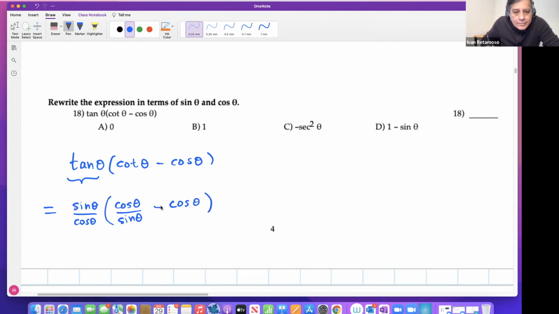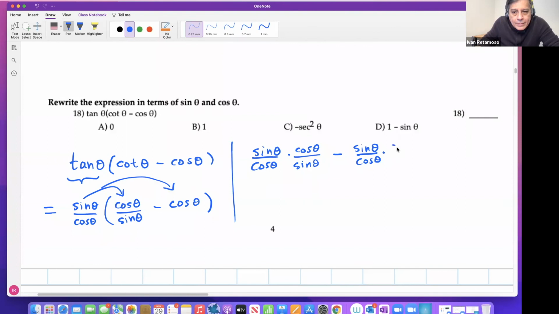Just leave it alone. Then when you distribute your multiplication here, you're going to get the following: sine of theta over cosine of theta times cosine of theta over sine of theta, minus sine of theta over cosine of theta times cosine of theta.